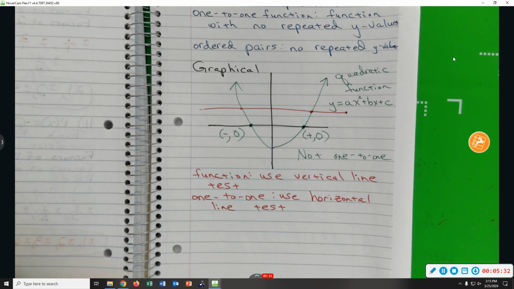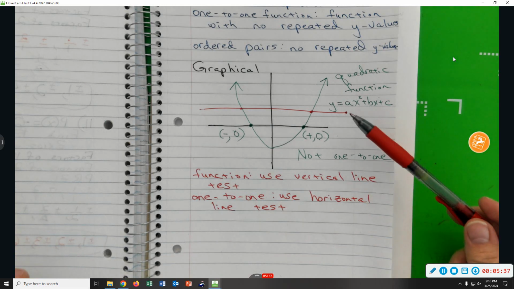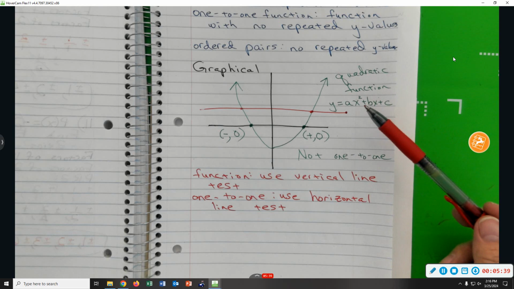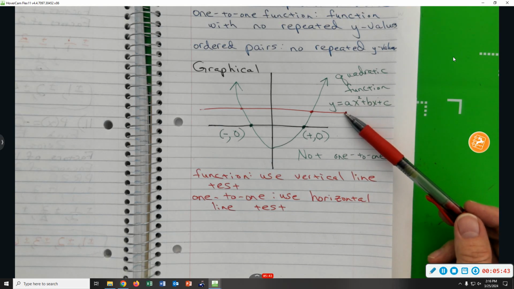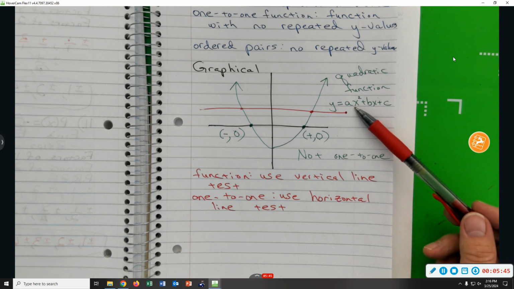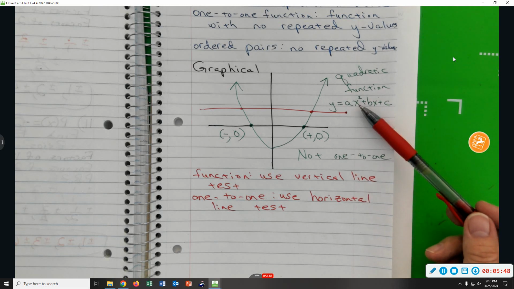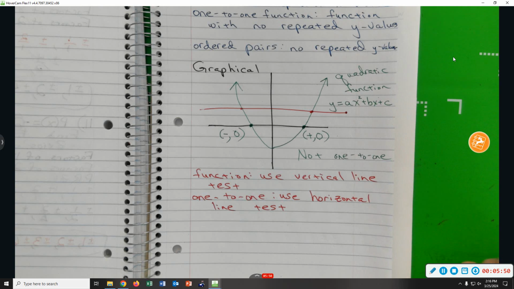I'm going to go back to this notion of a quadratic function. It's the even exponents that mess up things, because whether you take a positive 5 or a negative 5, when you raise it to an even power, what are you going to get?